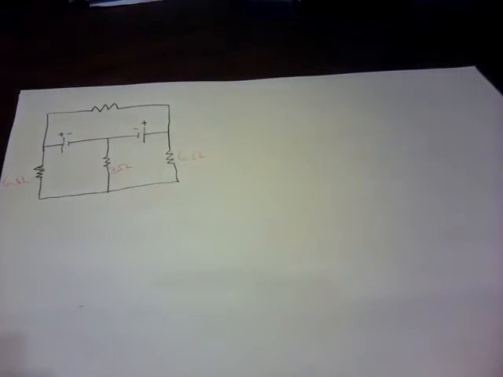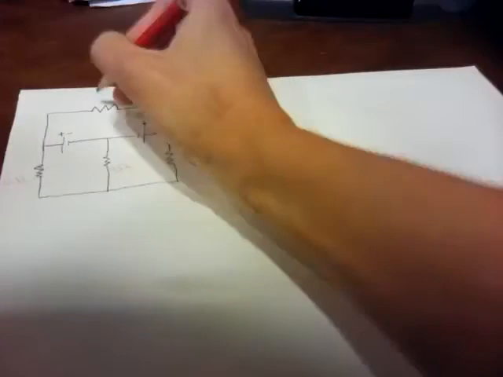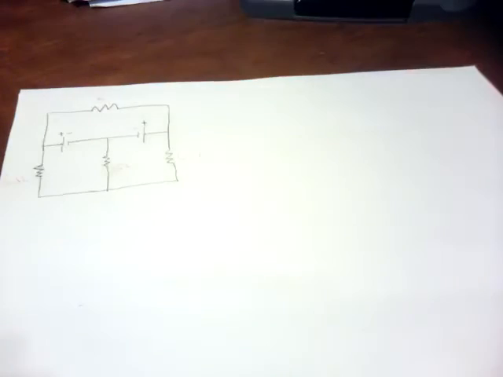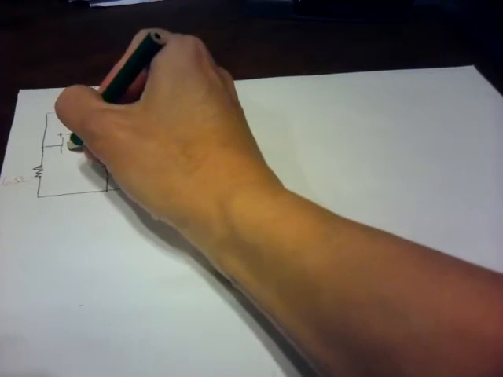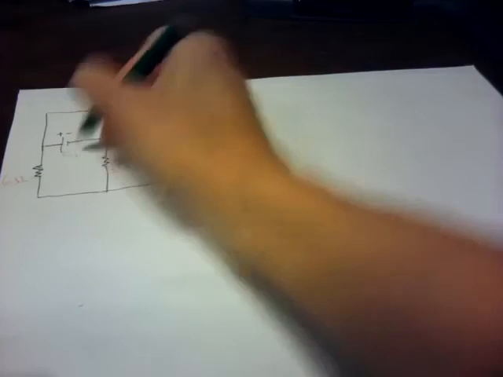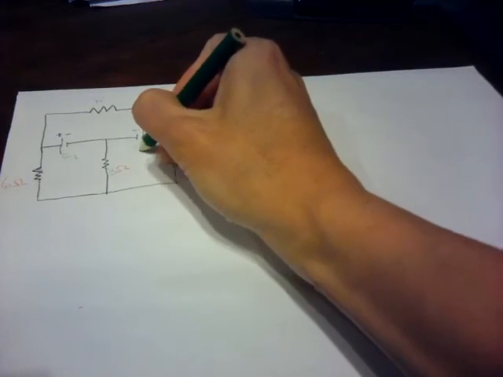The one on top is unknown, so we're just going to call that one R. In addition, we know basically nothing about the batteries, so we're just going to call this one EMF 1 and this one EMF 2.